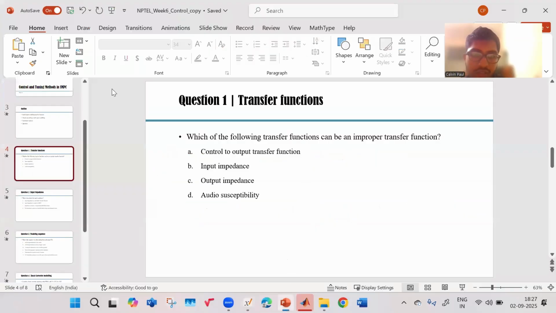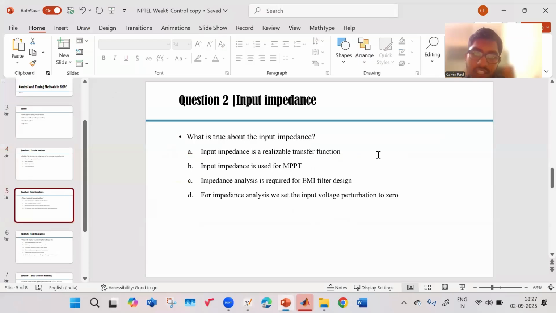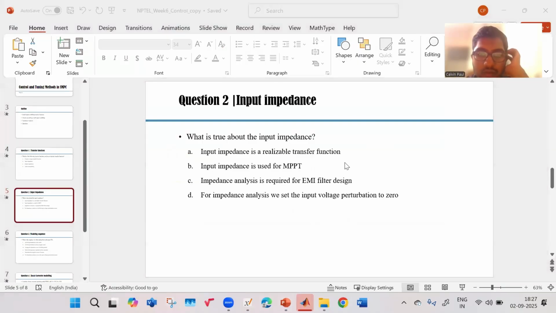Okay. Go to the next question. Input impedance. So what is true about the input impedance? B and C seem to be correct.